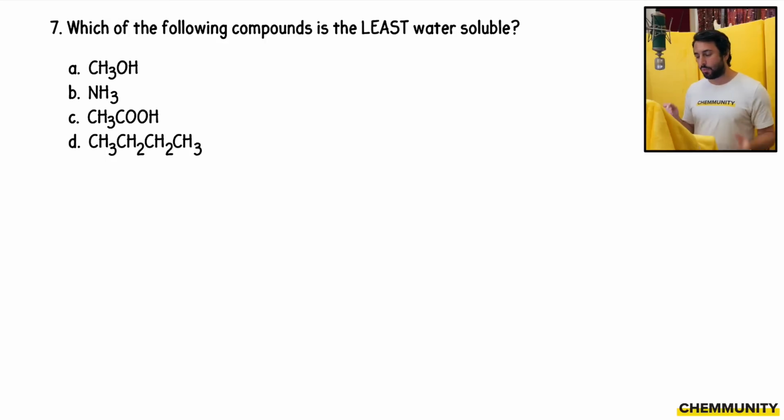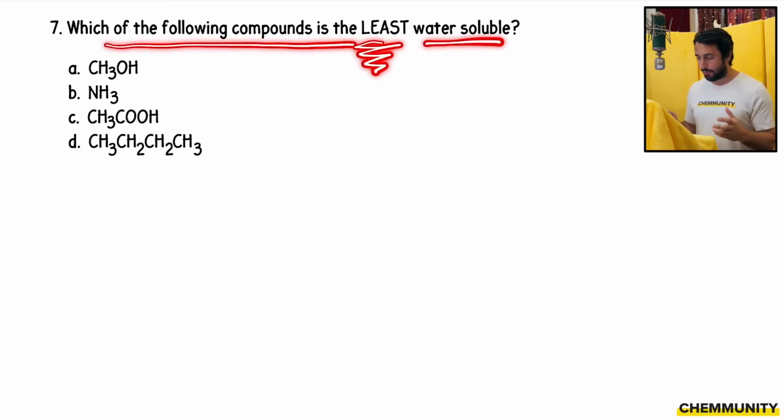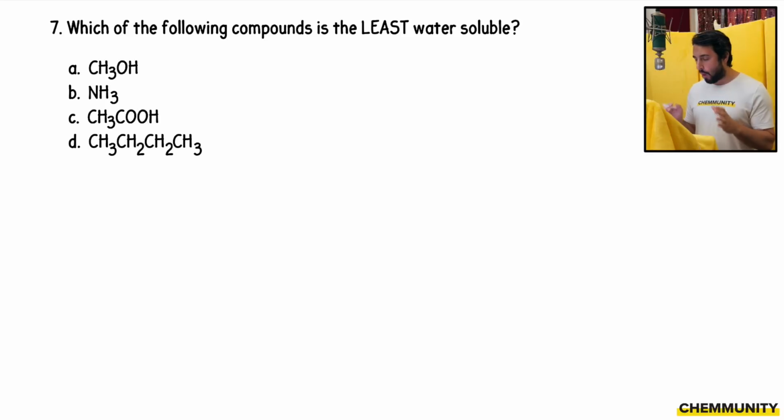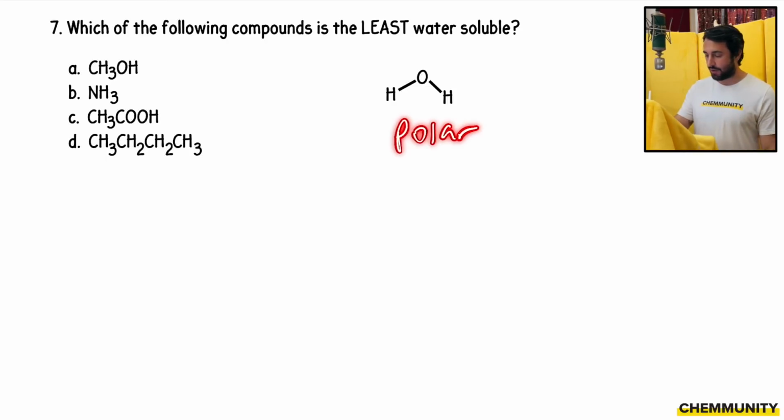Number 7 asks, which of the following compounds is the least water soluble? So how do we dictate the water solubility of a compound? Well, we know that water looks like this, and we know that water is a polar molecule. The oxygen is partial minus and the hydrogen atoms are partial plus.